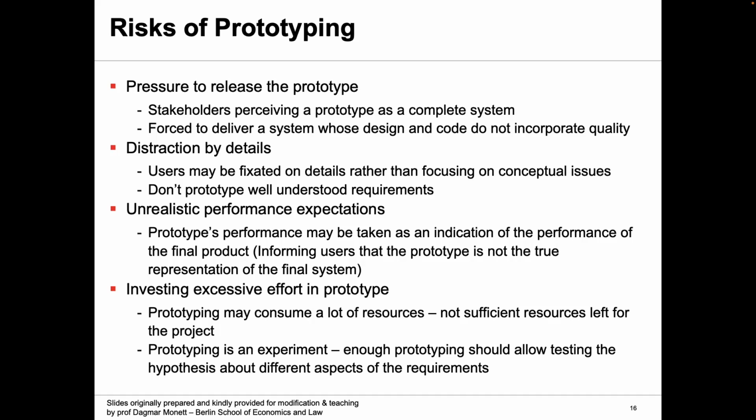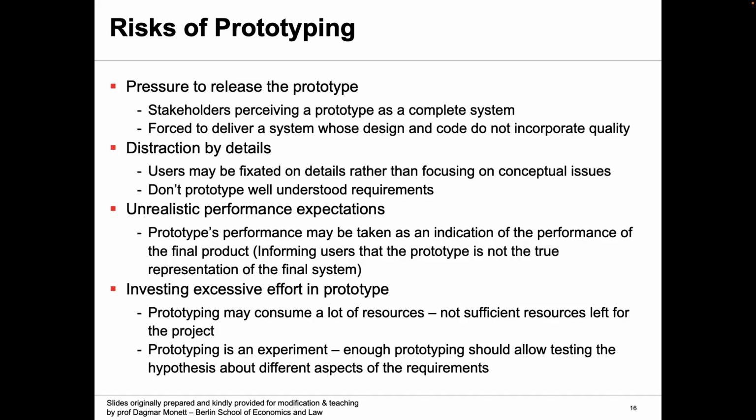Now, the second one is distraction by details. Another risk of prototyping is users may get fixated on details rather than focusing on conceptual issues, right? And so, they may get fixated about how the interface is going to look like. Oh, what font we are using, what color, where, and all that stuff.